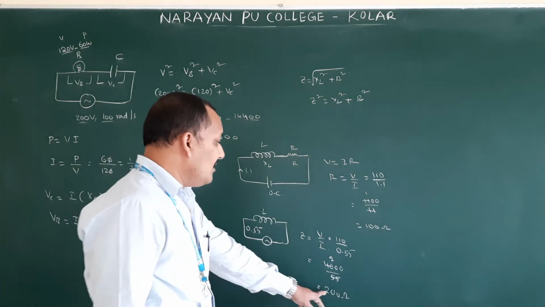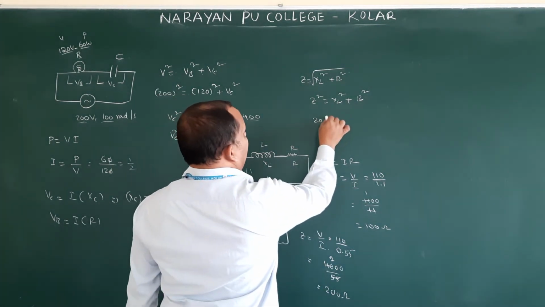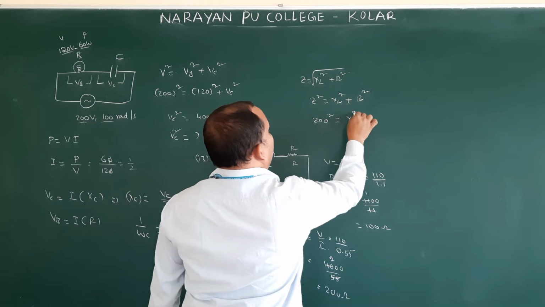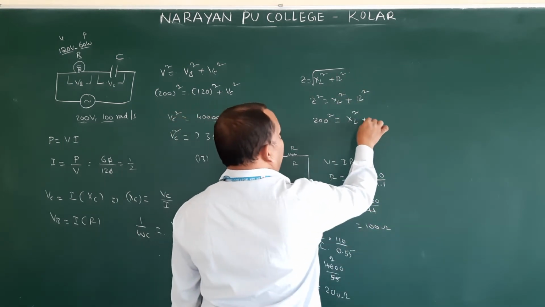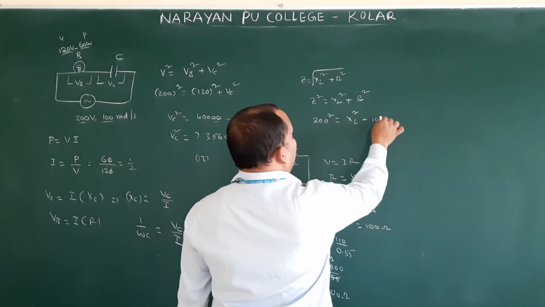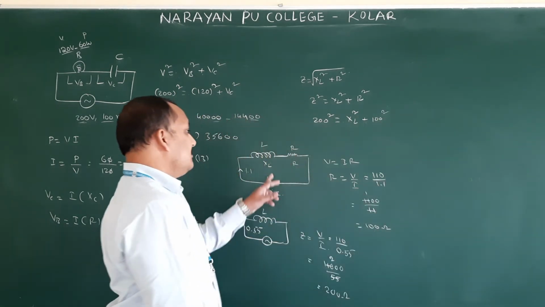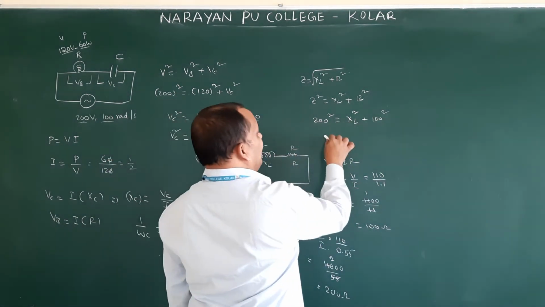Z value, how much did you get? 200. 200 square is equal to XL square plus R square, where R is 100. So 100 square. They are asking the XL value.